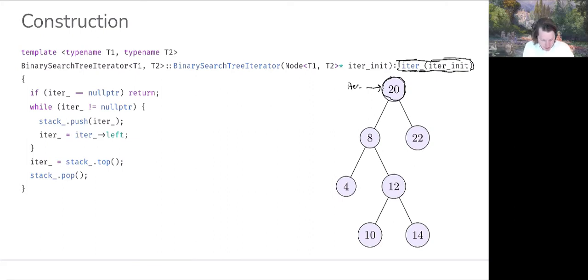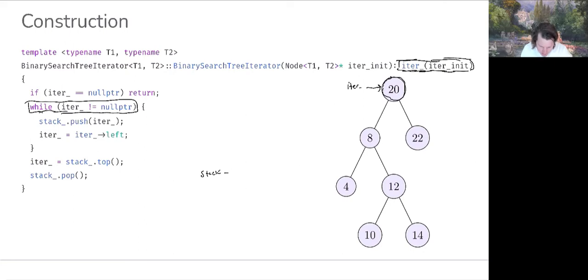Now notice here, we're getting into a while statement. While iter is not equal to the null pointer, we're going to push something to our stack, and that's going to be the address stored in iter. So our stack, let me make it lowercase here, it's that data member, so our particular binary search tree iterator object owns that.